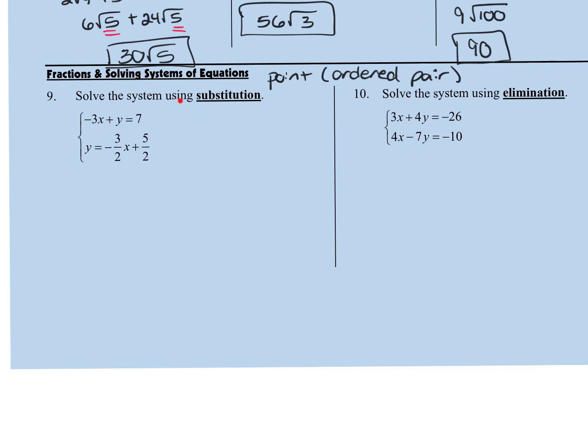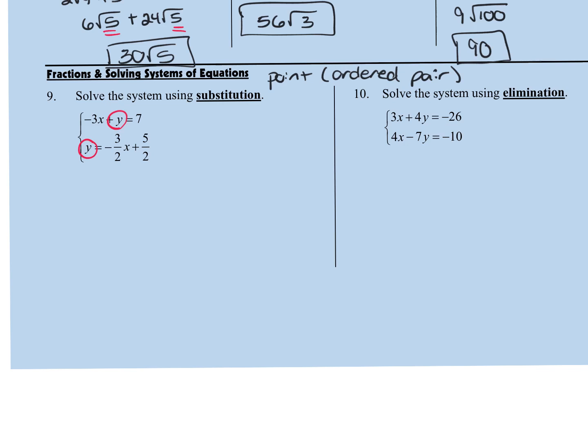Let's take a look at this problem here and let's think about why substitution is going to be the best method for this particular problem, okay? Substitution is going to be our best method on this because when I look at each of my variables, I can see that in my equations, I have this nice matching y.